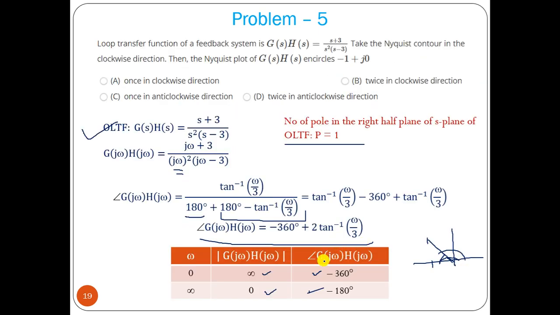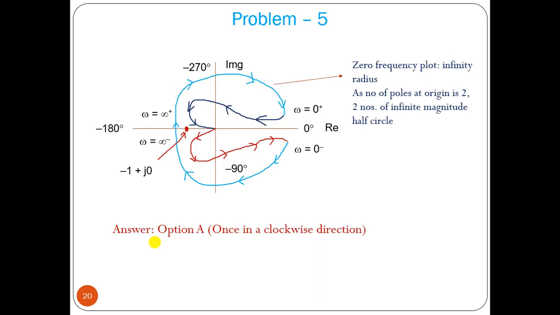The plot starts from minus 360 degree, this is your 0 degree, minus 90, minus 180, minus 360, which is the same as 0 degree.